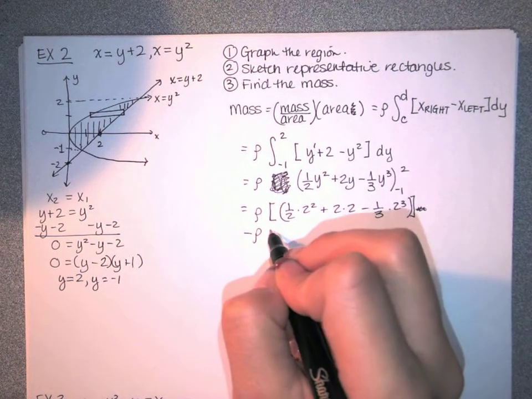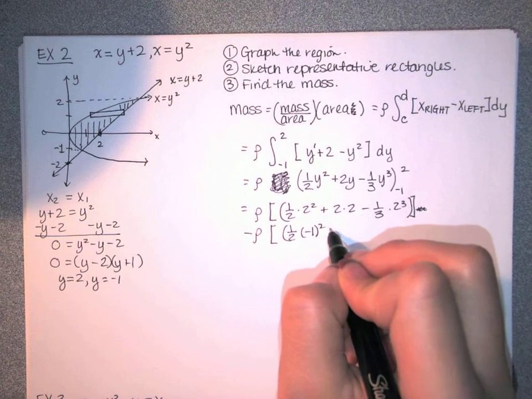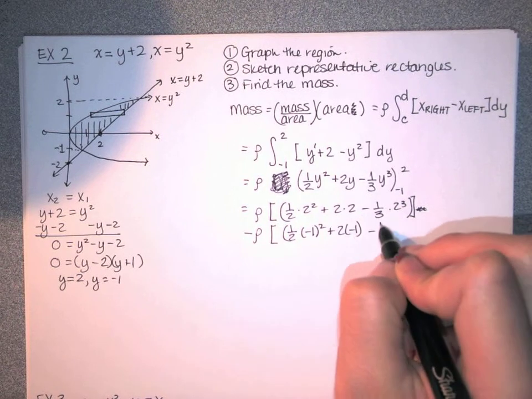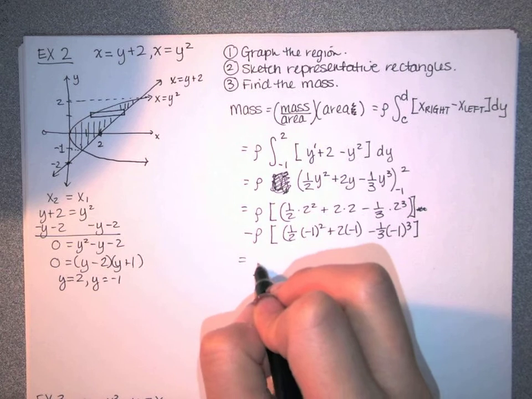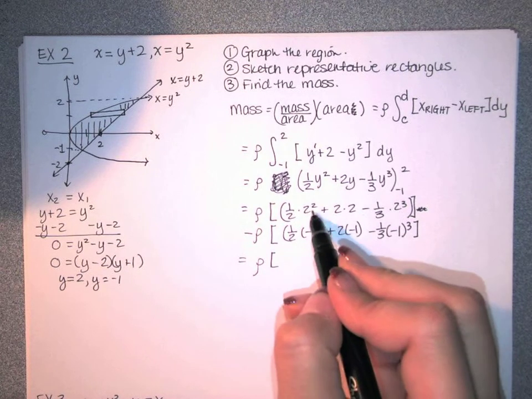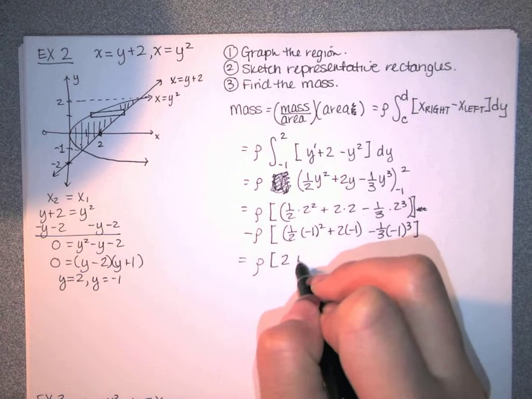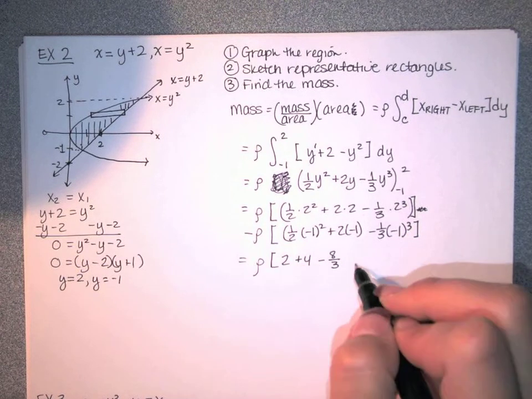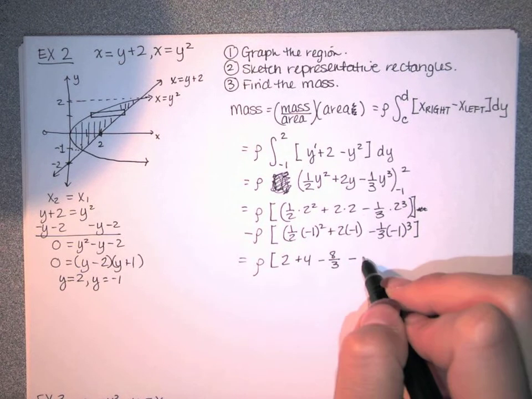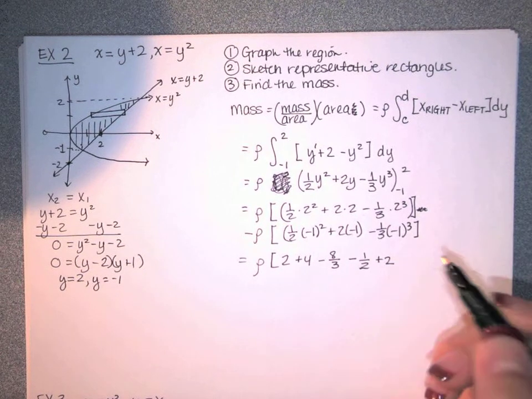There's not enough space, so I'll just do that below. So I have 1/2 times -1 squared plus 2 times -1 minus 1/3 times -1 cubed. All right, half of 4 is 2. That's 2 times 2 is 4. Then I've got minus 8 over 3. Then I'm subtracting a 1/2. And I'm subtracting a -2, so that's adding 2.